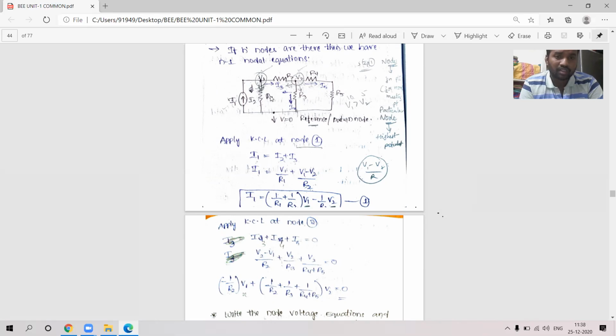But for the resistors, currents will always flow from higher potential to lower potential. When you are writing the node 1 equation, V1 will be the highest potential, because the ground is 0, no? So from V1 it is going to 0 potential.